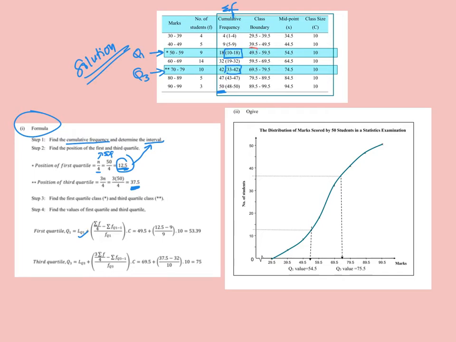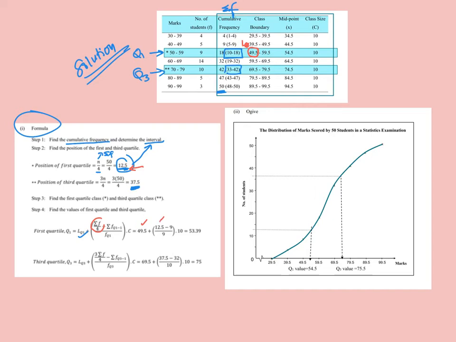After you calculate the class boundary, this is your lower quartile 1 value, which is 49.5. And for cumulative frequency divided by 4, we already calculated this before. The value is 12.5.